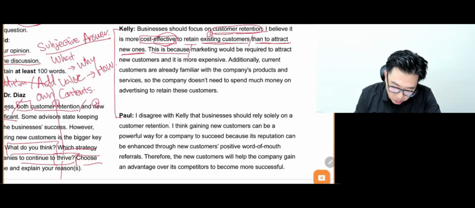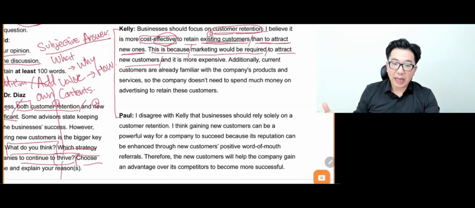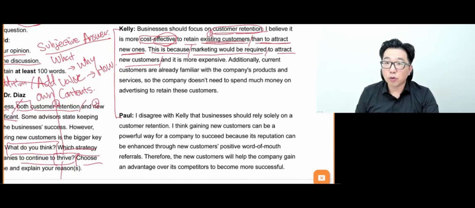Why is it cheaper to sell it to current customers? Marketing will be required to attract new customers. Okay. So this means they don't know us. They haven't bought from us. So we need to attract the customers and we have to do some marketing.